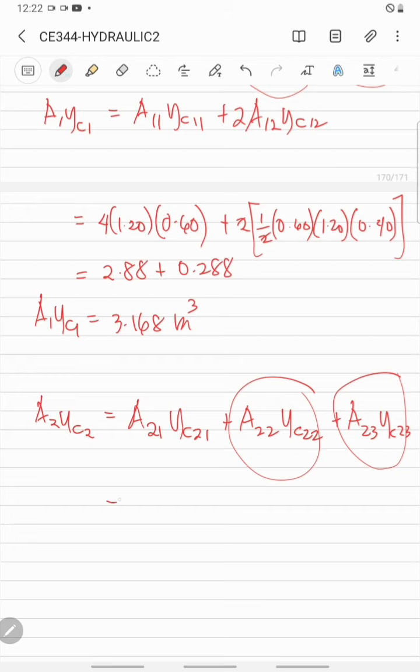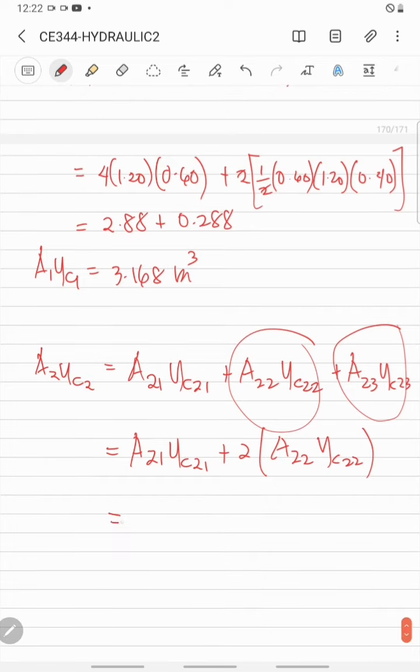So we can write our formula for A2 yc2 is equal to area 21 yc21 plus 2 area 22 yc22.